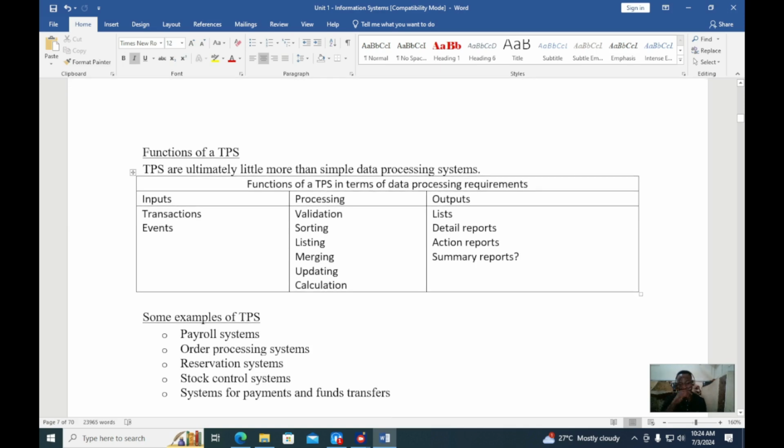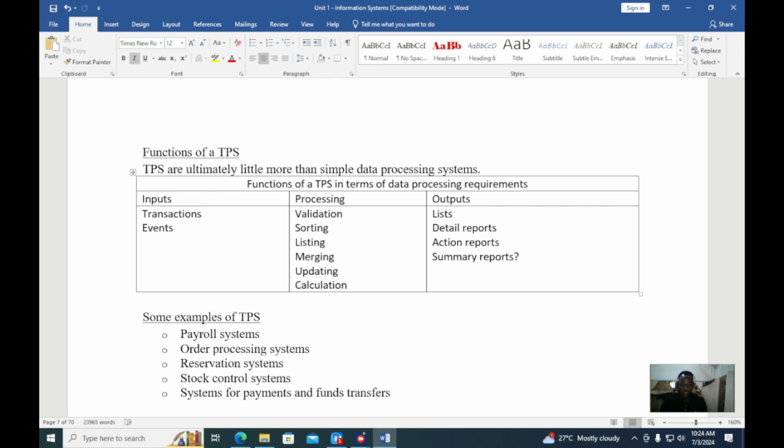So the transaction processing system plays a number of functions, and the first one is validation. The first thing is we are taking transactions and events as our input.